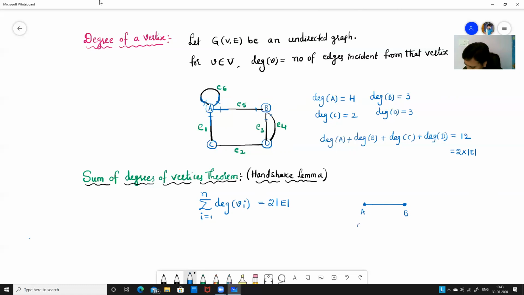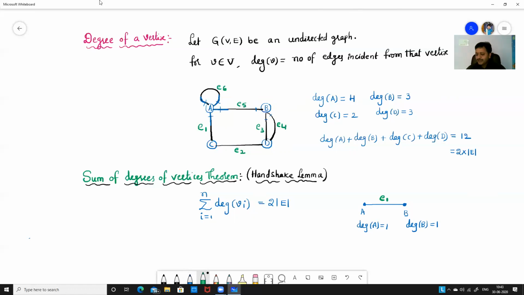So what is the degree of A here? Degree of A is equal to 1. What is the degree of B? Degree of B is equal to 1. If a vertex has degree 1, that vertex is called a pendant vertex. Pendant vertex. Okay. So A is a pendant vertex, B is also a pendant vertex. Clear? So clearly this edge, let me name it as E1.